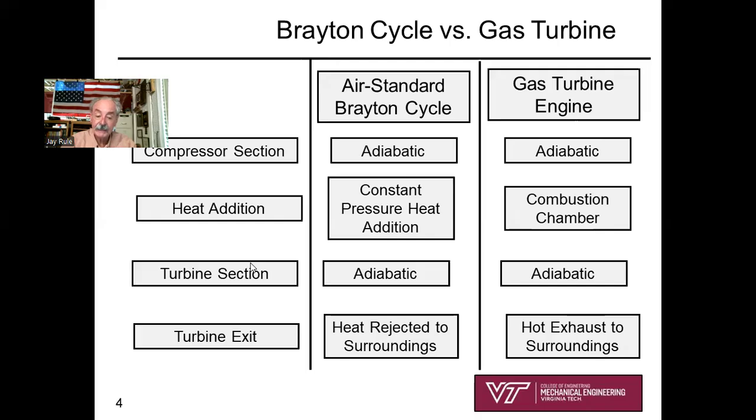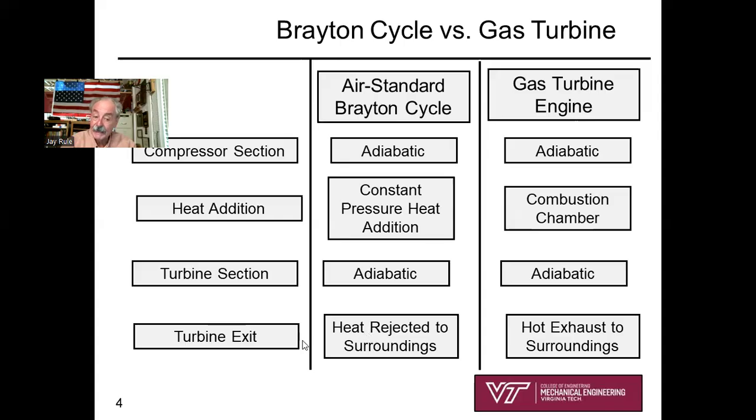The turbine section, we're going to model as adiabatic. Now, for the ideal Brayton cycle, we've got adiabatic and reversible. For a real Brayton cycle or real gas turbine engine, it's going to be adiabatic and irreversible. And finally, the turbine exit: our model in the gas turbine engine is hot exhaust going to the surroundings.